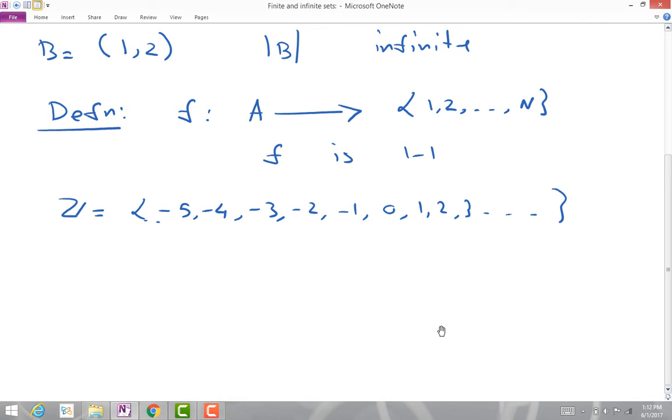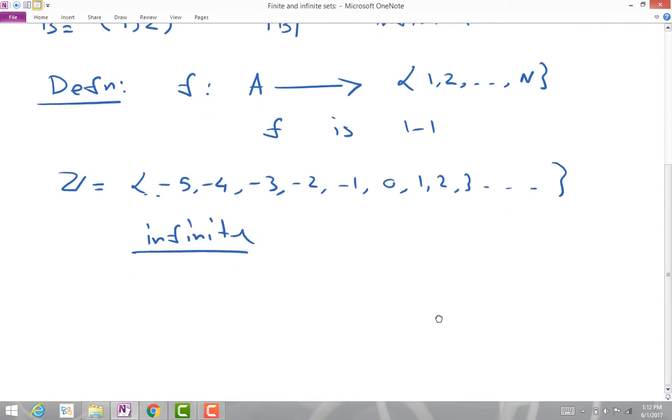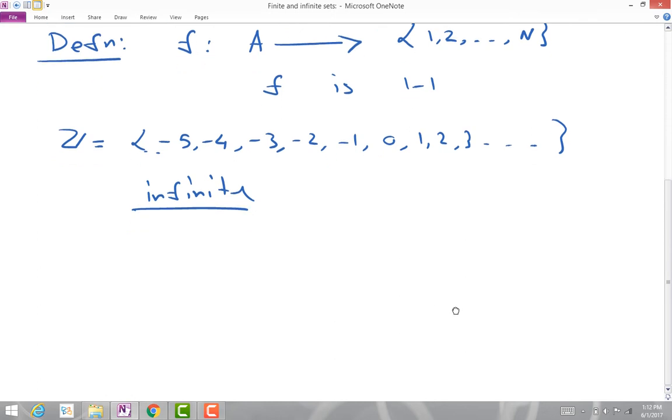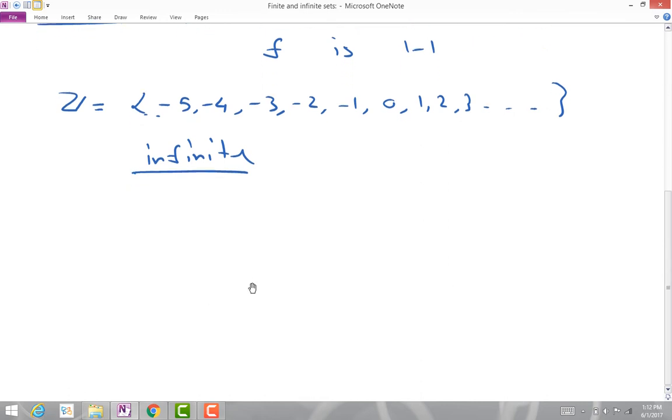And again we know that the cardinality of this set is infinite. And if we take the set of rational numbers, again we know that we have infinitely many rational numbers, so the cardinality is infinite.